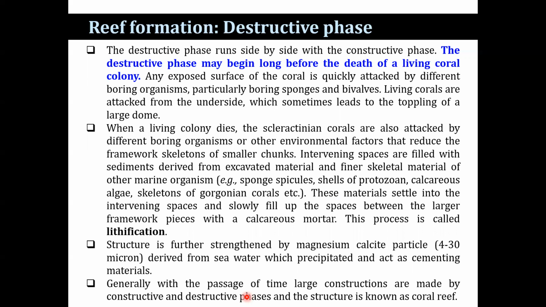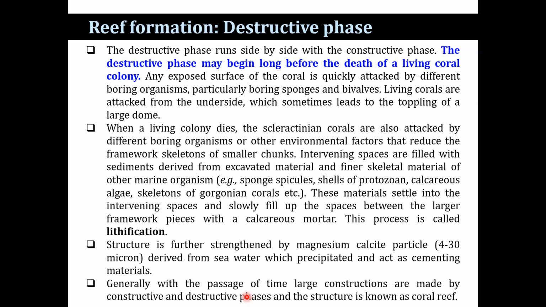Intervening spaces are filled by sediments derived from excavated materials and fine skeletal materials from other organisms, for example, sponge spicules, cells of protozoans, calcareous algae, skeletons of gorgonian corals, etc. These materials settle into the intervening spaces and slowly fill up the spaces between the larger framework species within the calcareous matter.